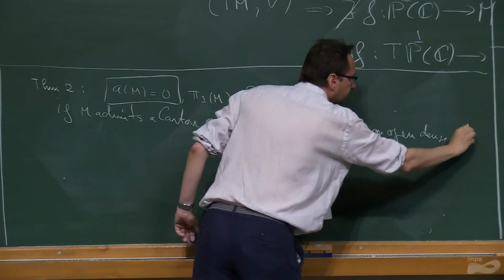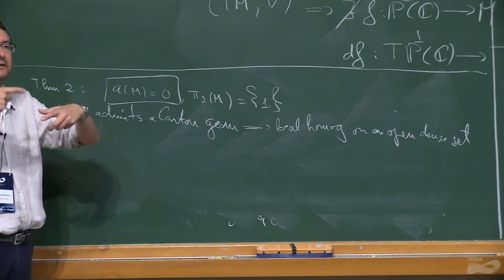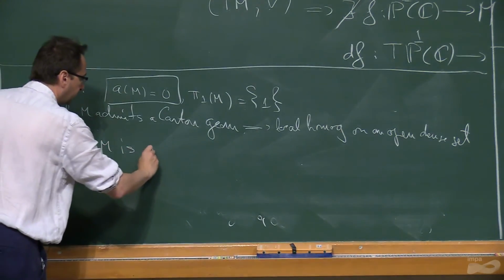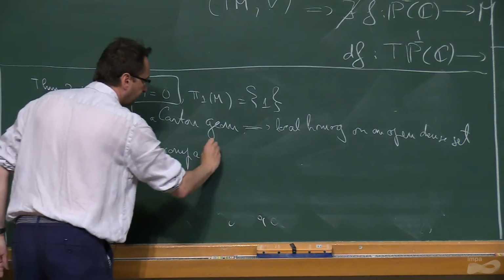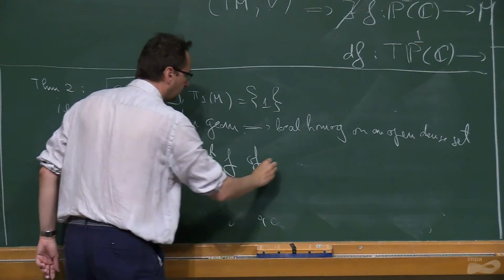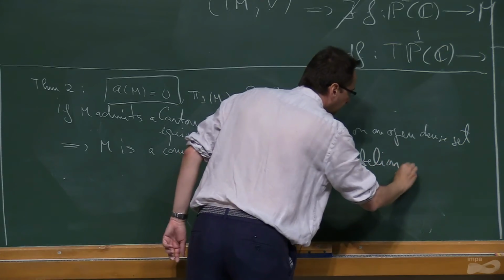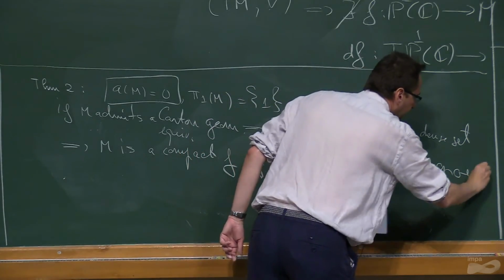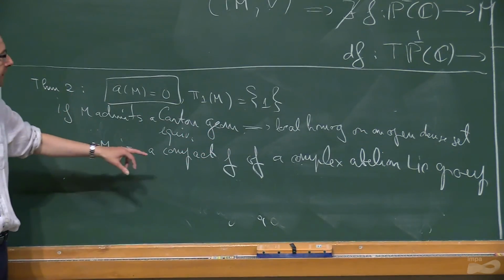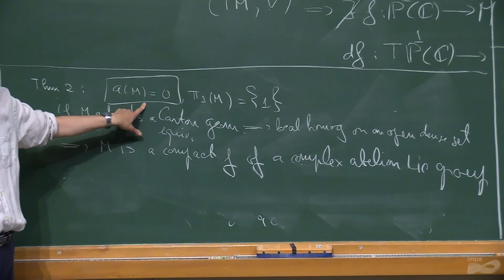And once again, you can put together in the geometric structure all the symmetry vector fields, they globalize, and give you the fact that M is an equivariant compactification of a complex abelian Lie group, typically C star to the n, which is somehow a non-algebraic version of toric varieties.